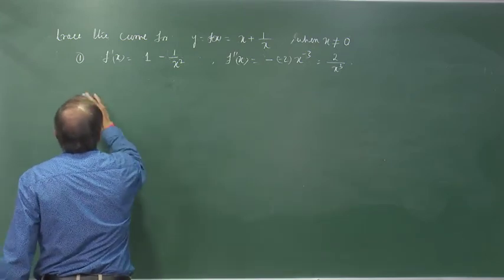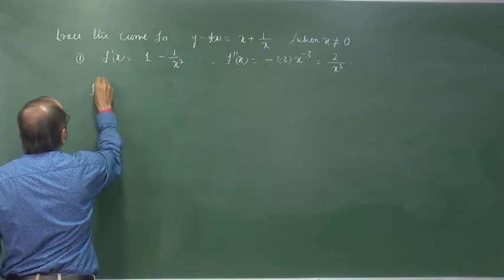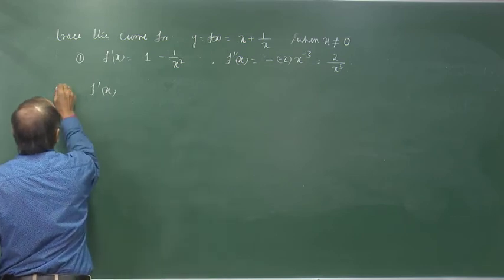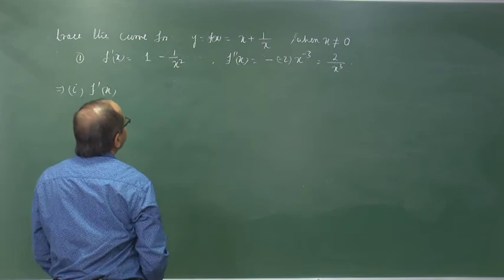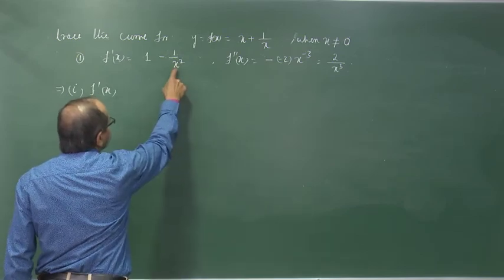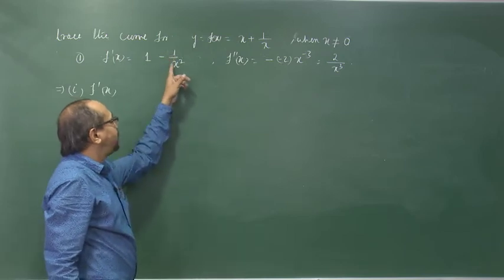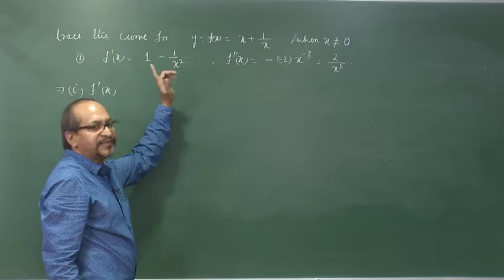Now, this f dash x. When x square is greater than 1, then 1 by x square will be a fraction, which is less than 1.